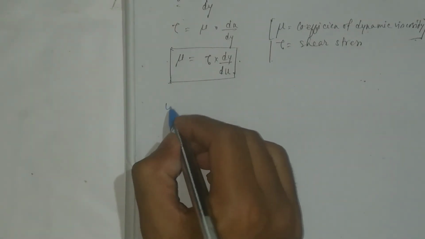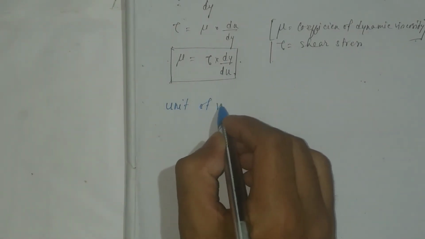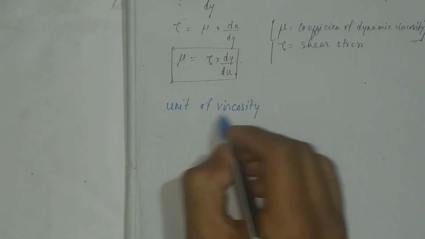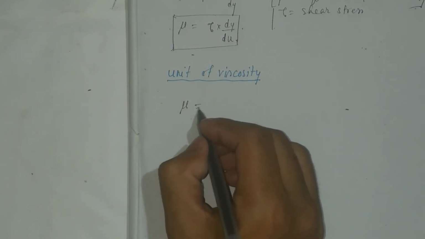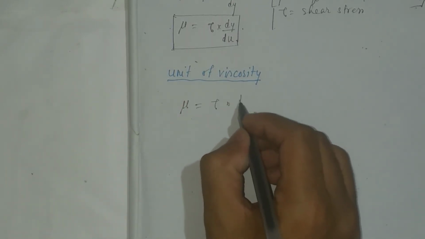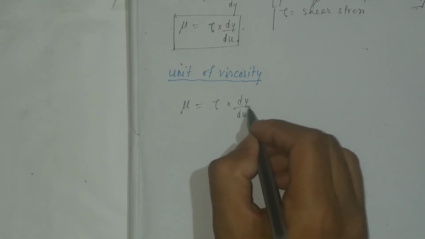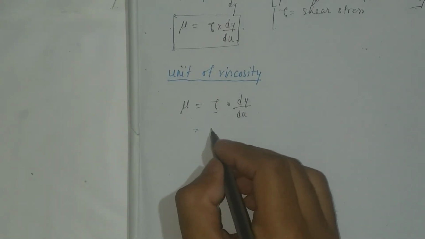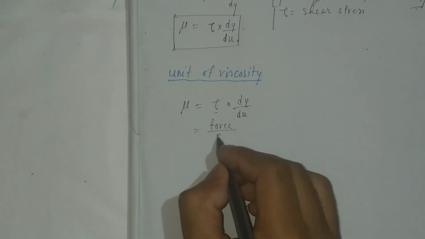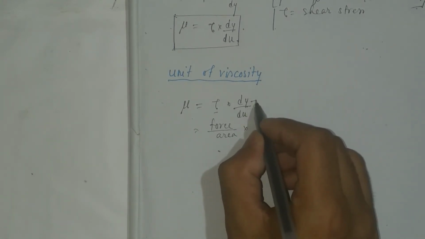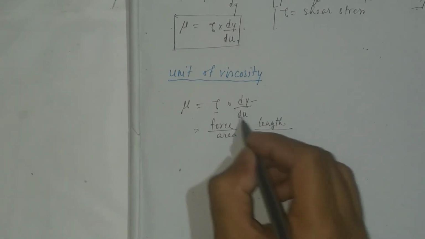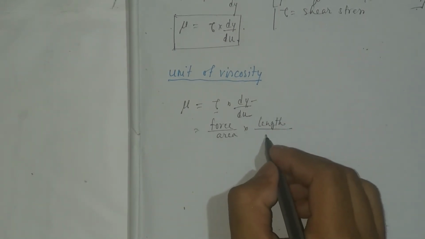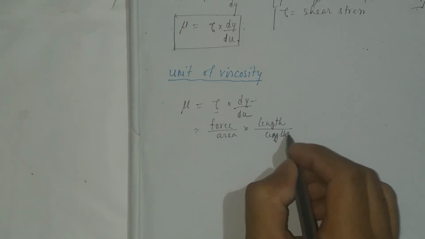Now the unit of viscosity. From here mu is equal to tau into dy divided by du. Here tau is the shear stress, which is force per unit area, this is distance, so length, and this is velocity, so this is length per unit time.